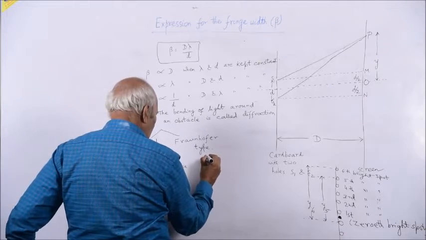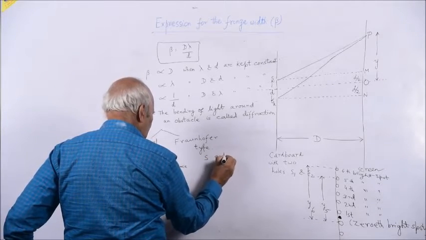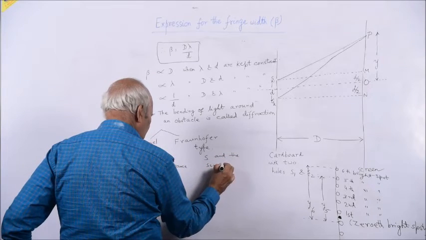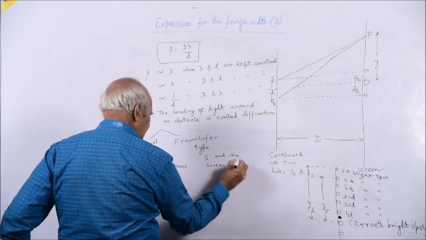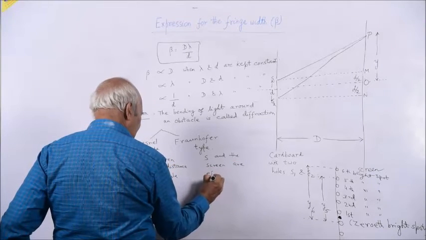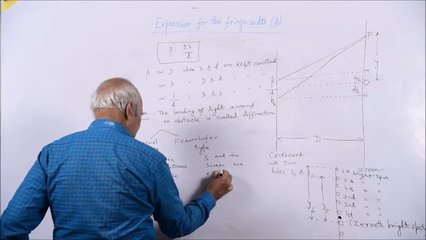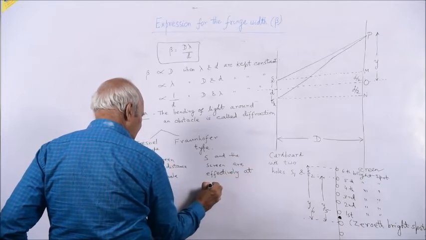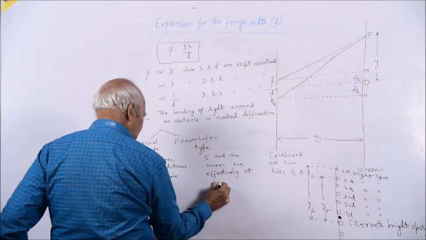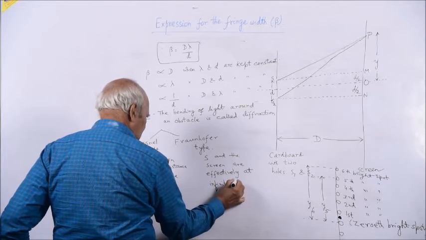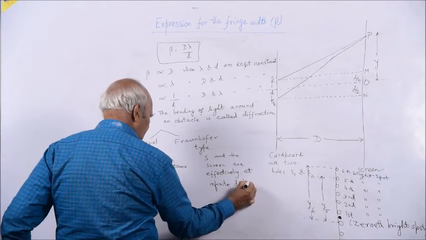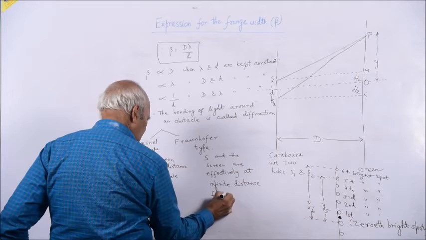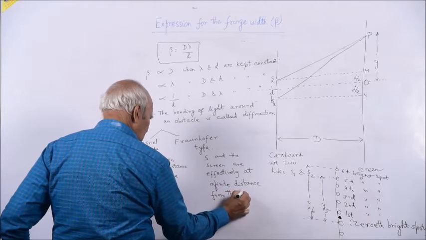In Fraunhofer type, the source and the screen are effectively at infinite distance from the obstacle.